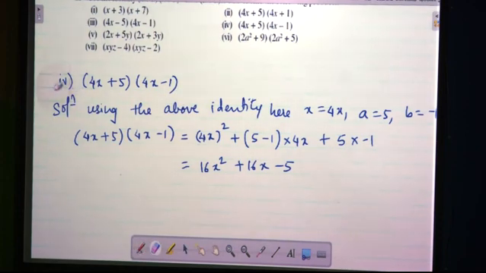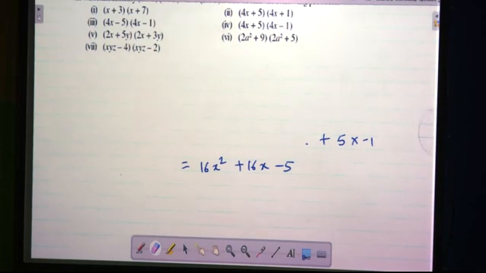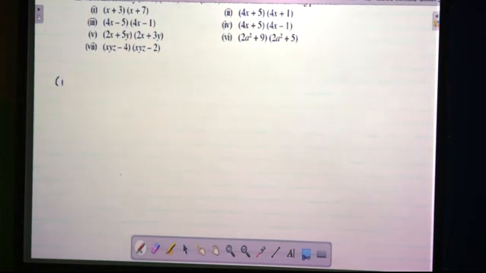Okay. Next sum which we shall be solving. Yes, we shall solve the third sum and we shall shift to the next question. Third sum, 4x minus 5, 4x minus 1.